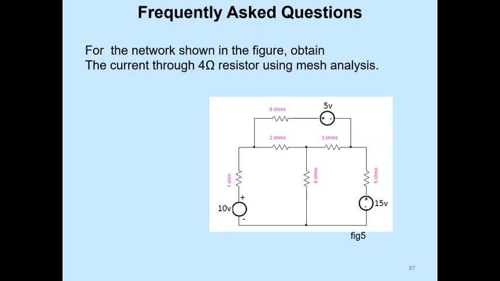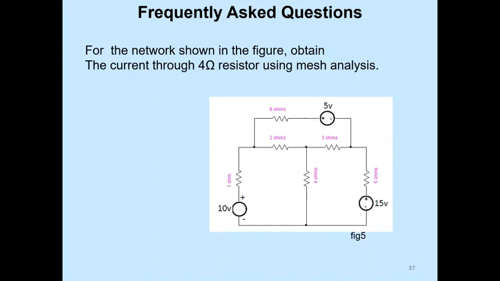After finding I1 and I2, that gives the direction. If I1 is more, the current through the 4 ohm resistor is along the I1 direction. If I2 is more, it is along the I2 direction.